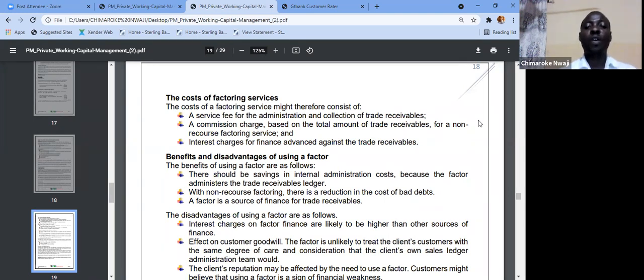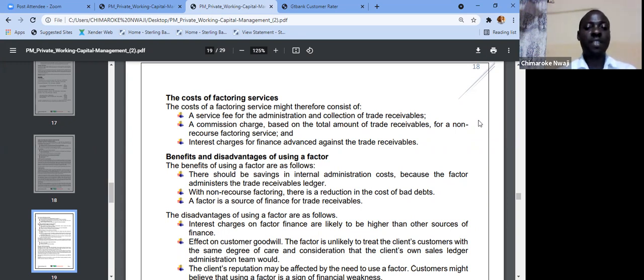Then also a commission charge based on the total amount of trade receivables, because they are taking the recourse of factoring your debt for you. Then there is an interest charge for finance advanced against the trade receivables.